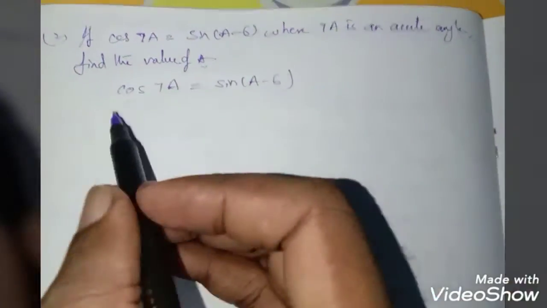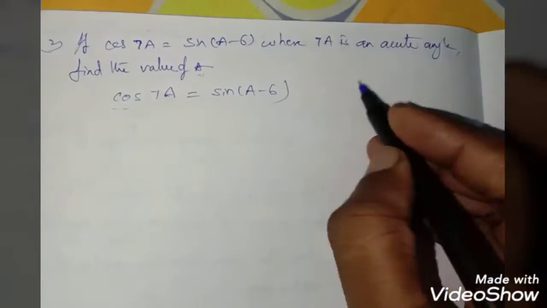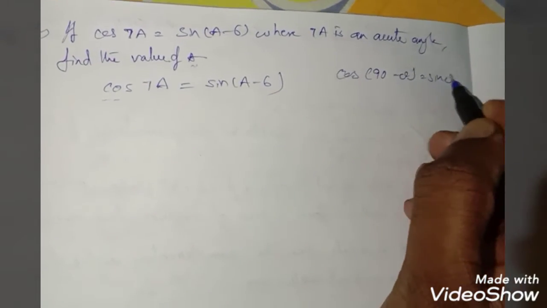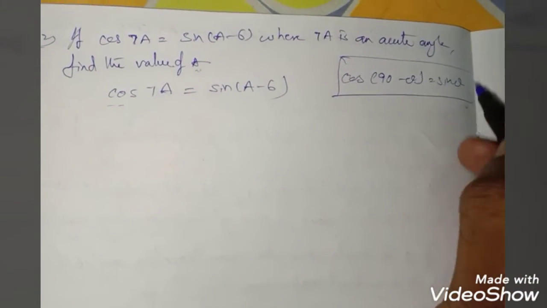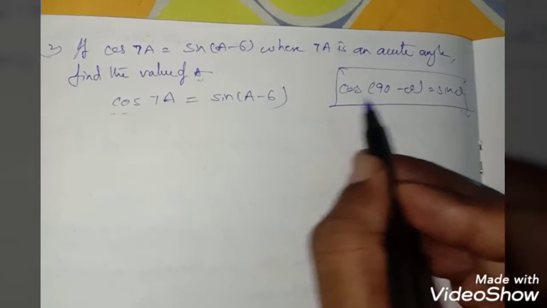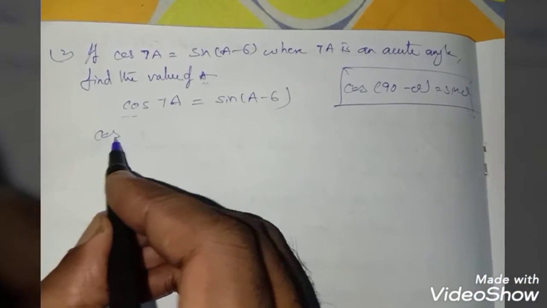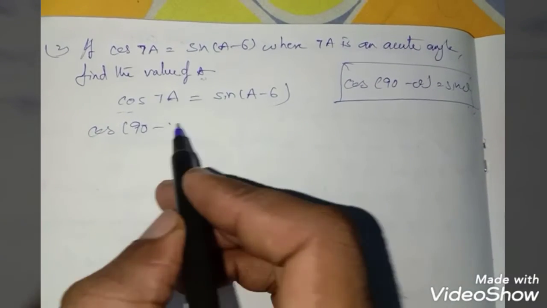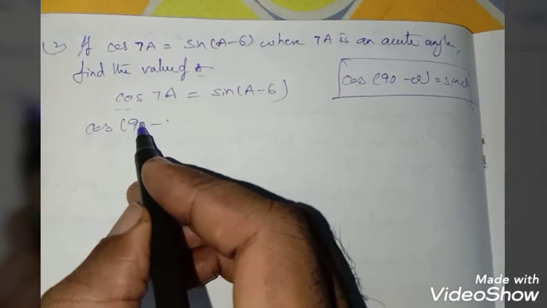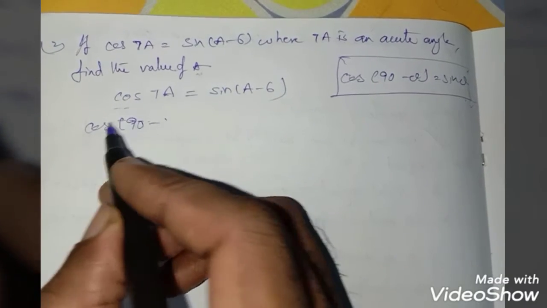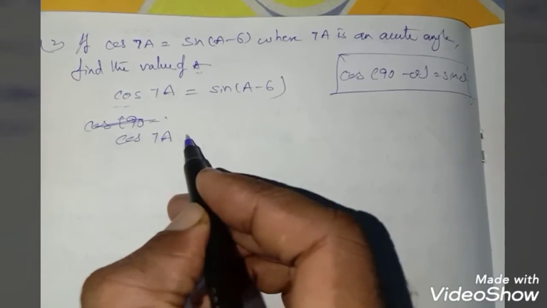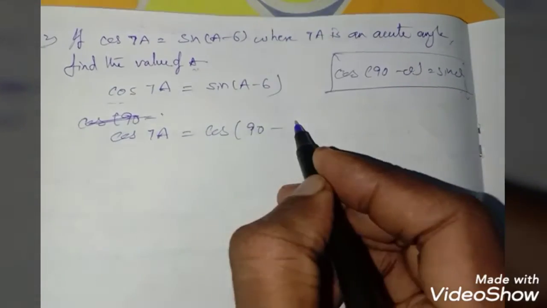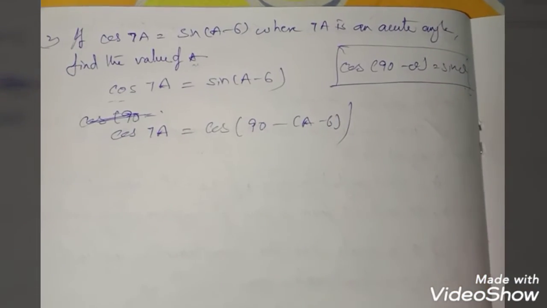To convert cos into sin, the formula is cos(90 minus theta) is equal to sin theta. So cos 7a can be written as cos(90 minus a minus 6).